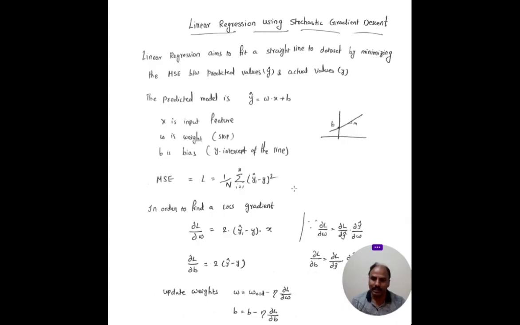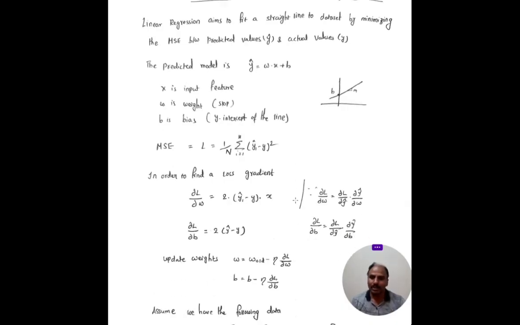In order to find the gradient of the loss, we have to differentiate, because in the loss function we have to reduce this loss by changing the weights and bias, the only two parameters available in this model. So dou L by dou W. First I am taking the weight. If I modify the weight, how does our loss function get reduced? Directly we cannot differentiate, because we don't have such a parameter in this loss function.